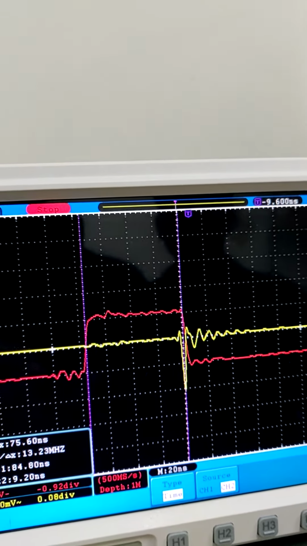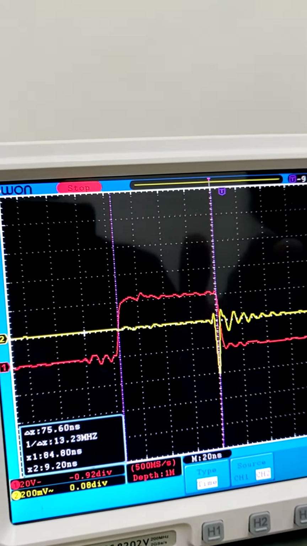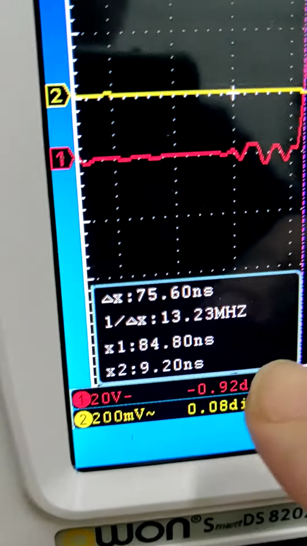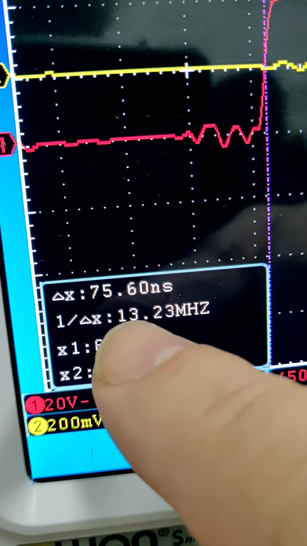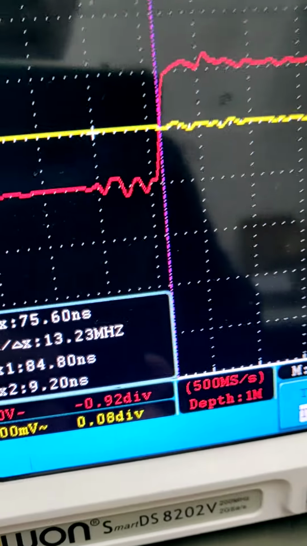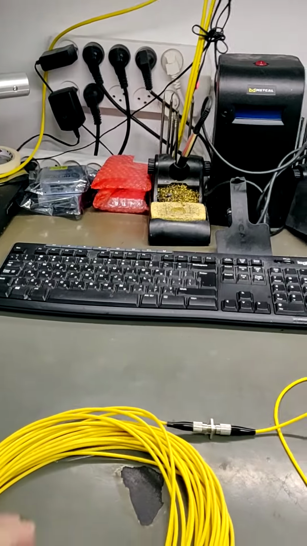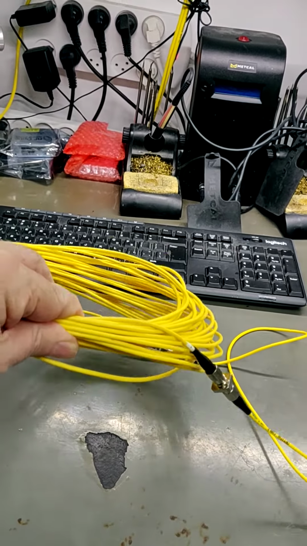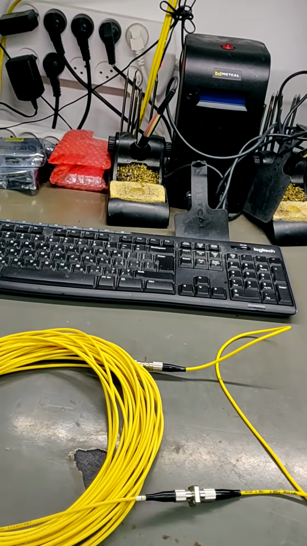And you see now, basically, we exactly measure the shift in between, and the number here, as you see, is 75.6 nanoseconds, which is basically the delay created by this 15.2 meter fiber that we added here.